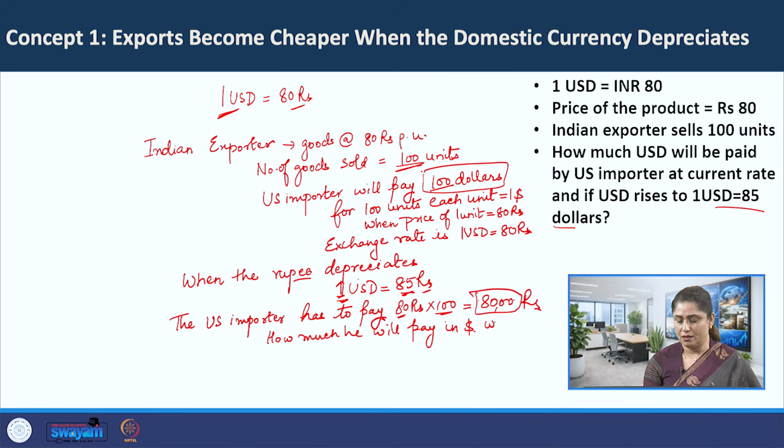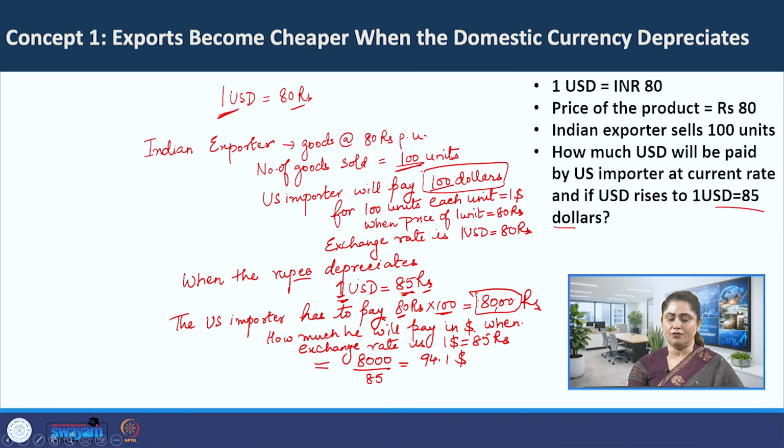when the exchange rate is $1 equal to 85 rupees? So, here it is going to be 8,000 divided by 85, giving us $94.1.